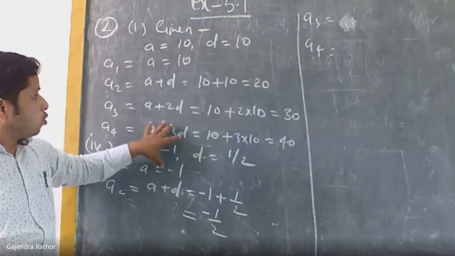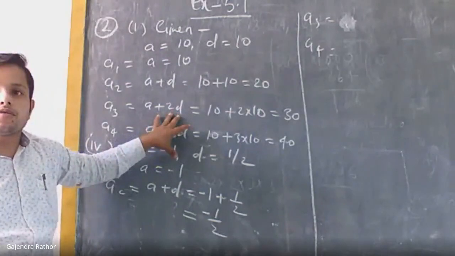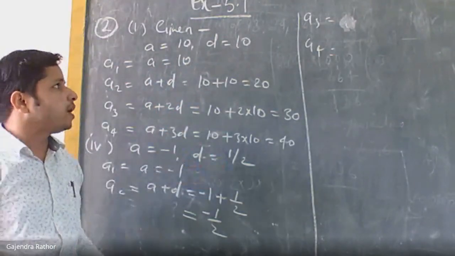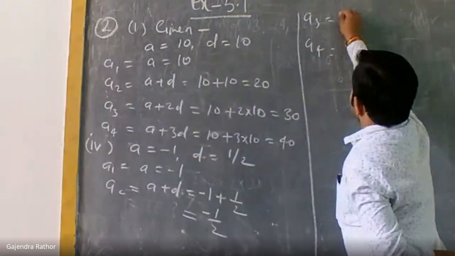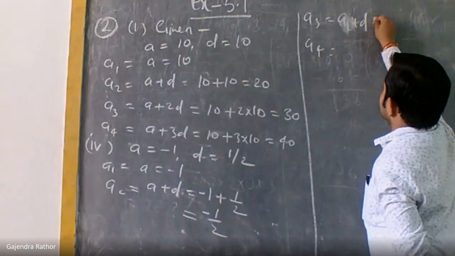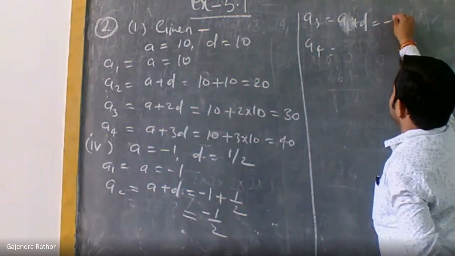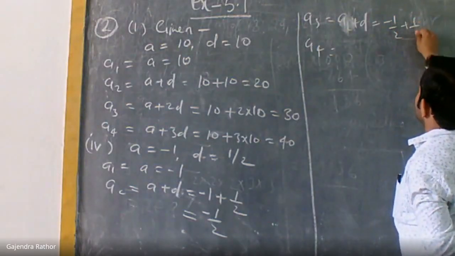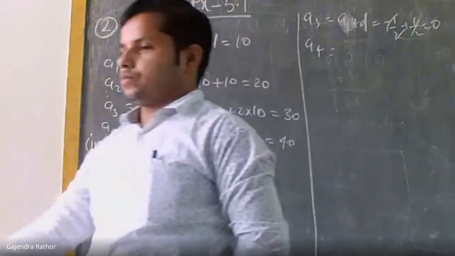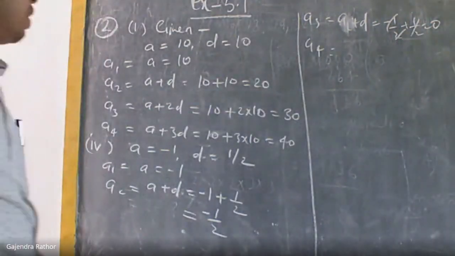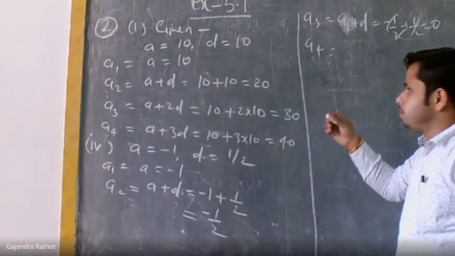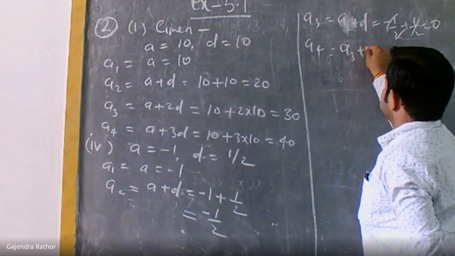Okay, and this we showed you with the standard form, so now I am adding the value, which is the common difference, to the preceding term. So a3 is equal to a2 plus d. What is a2? Minus 1 by 2 plus 1 by 2 cancel, both are 0. The second is a4, which means a3 plus d.